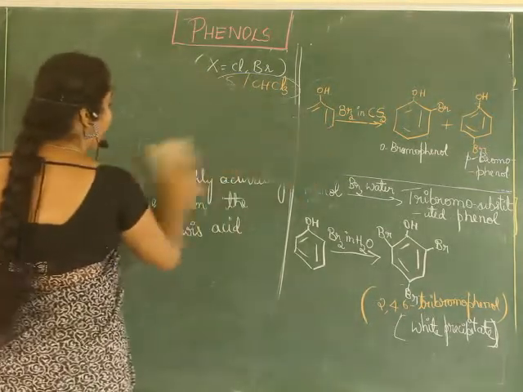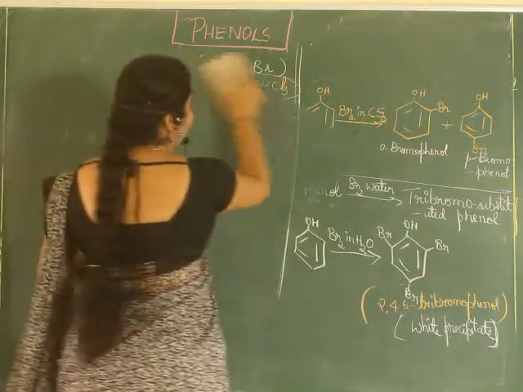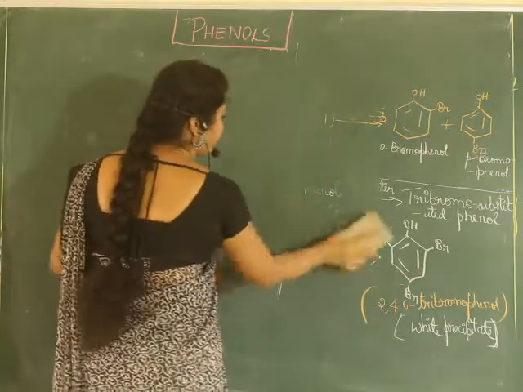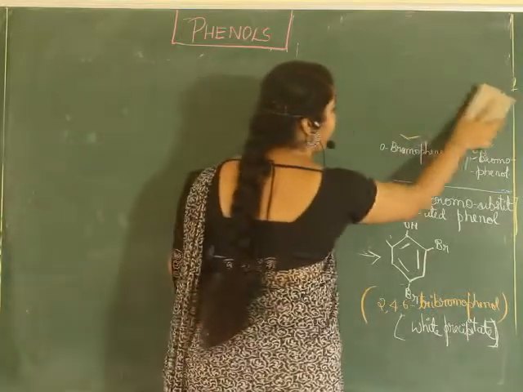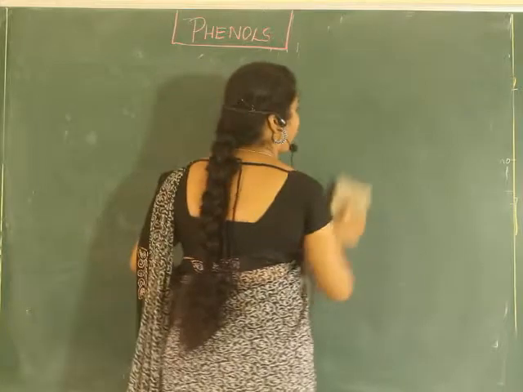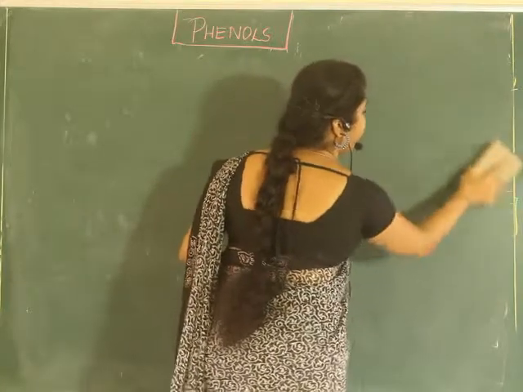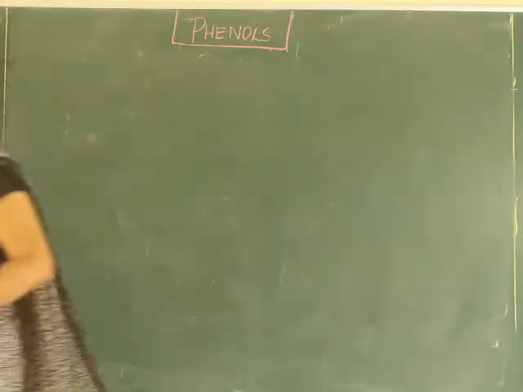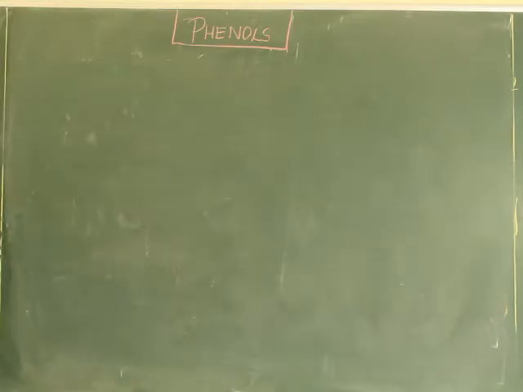The next important named reaction under phenols is called Kolbe's reaction.